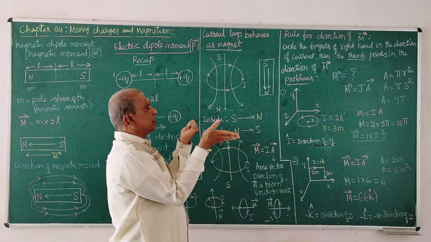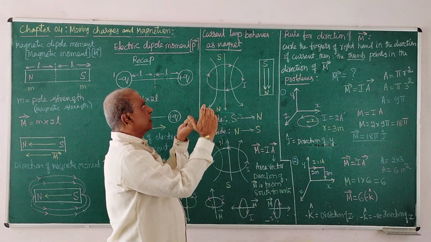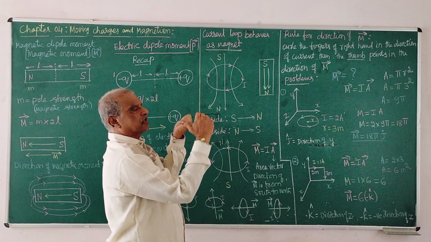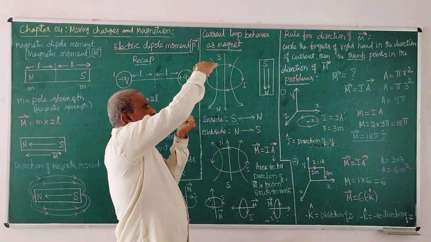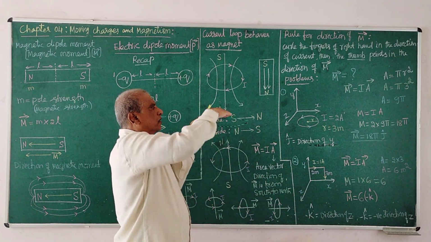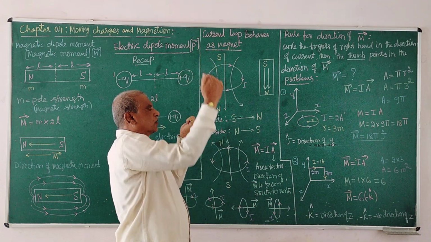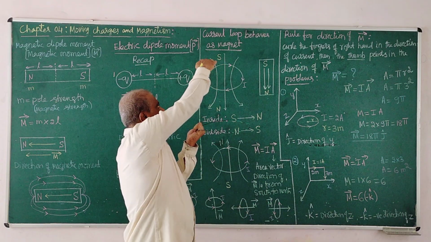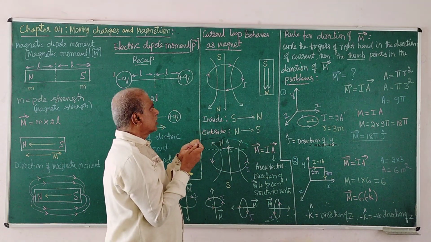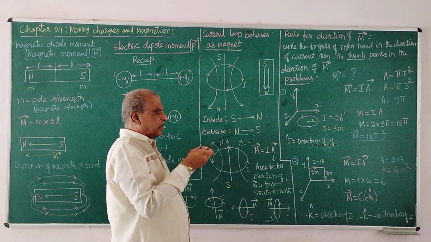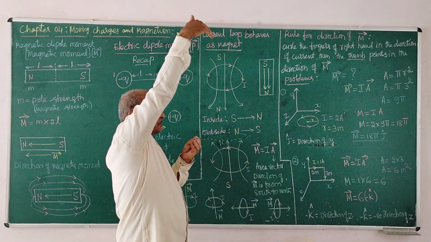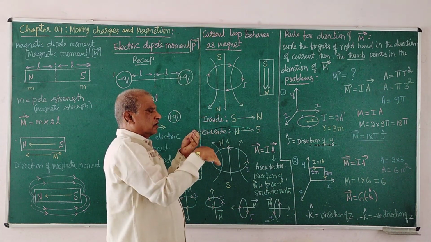What is the magnetic field direction? Magnetic field lines are from the upper side of the plane to the downside of the plane. These represent magnetic lines of force, passing through the ring like this.